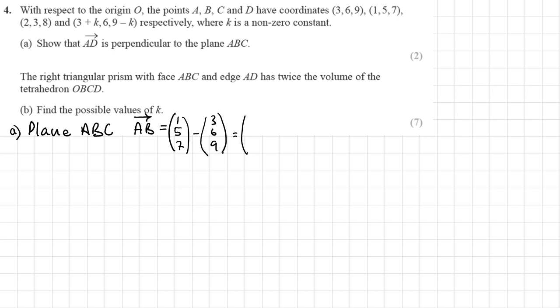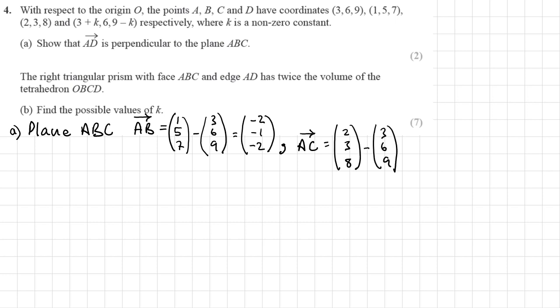So that gives me the vector (minus 2, minus 1, minus 2). And then the vector AC, and so that will be (2, 3, 8) minus (3, 6, 9) again, and that gives me the vector (minus 1, minus 3, minus 1).